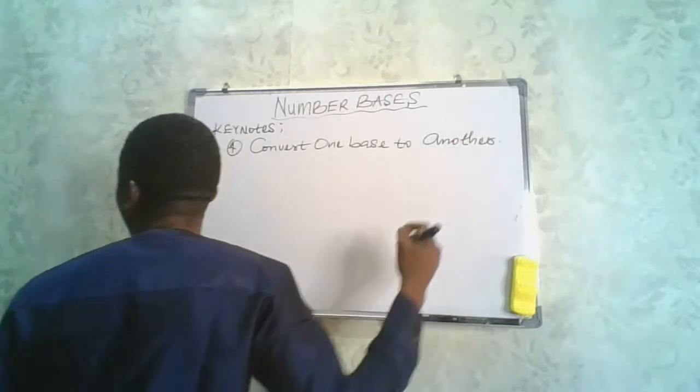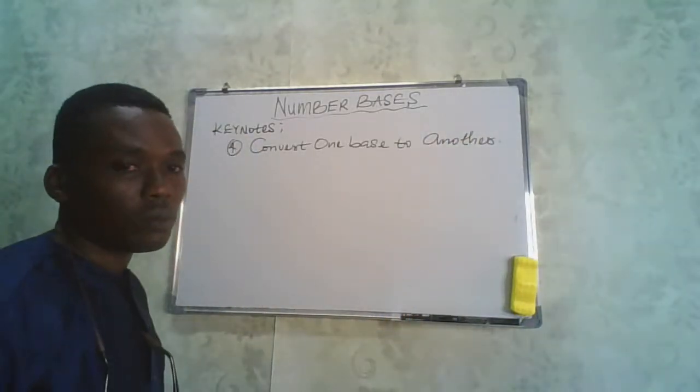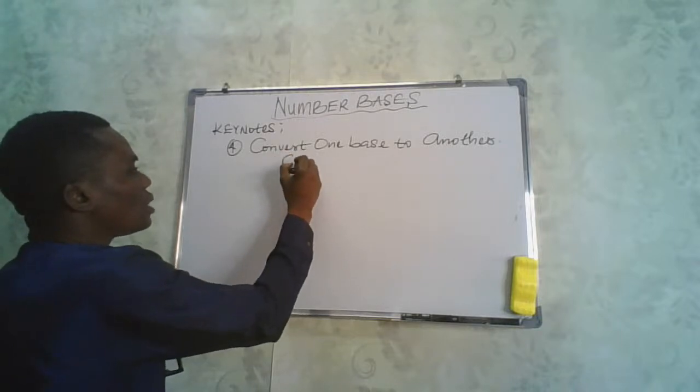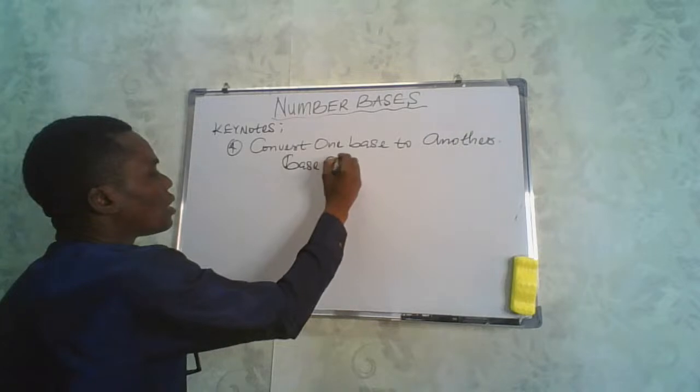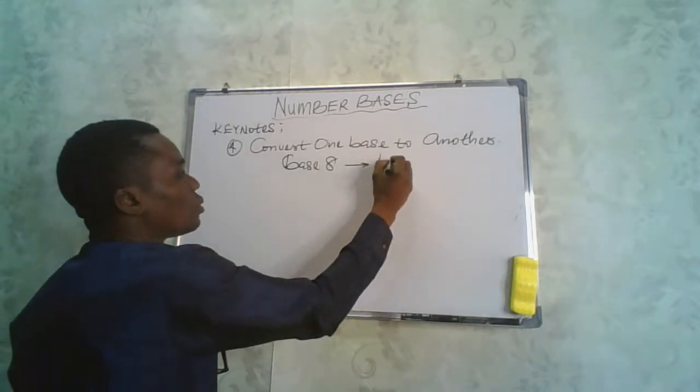Now, when we convert from one base to another, what does it mean? You can be given something in base 8, and you'll be asked to convert it to what base?